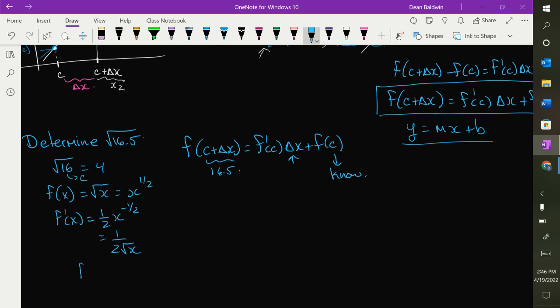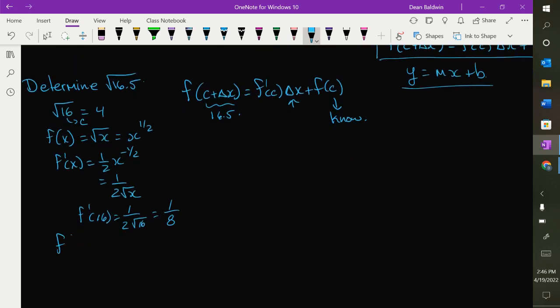So f prime of c, or f prime of 16, is equal to 1 over 2 root 16, which is 1/8. f of c is f of 16, which is root 16, which is 4.